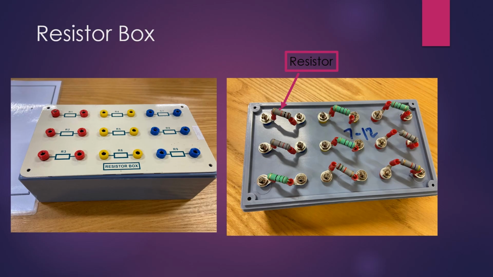You just get your R1 up to R9, and then we'll tell you to measure the resistance across whatever terminal we want you to measure, and you'll write that value down, or maybe you'll connect that resistor in a circuit. You can build a circuit as well with the resistor box.